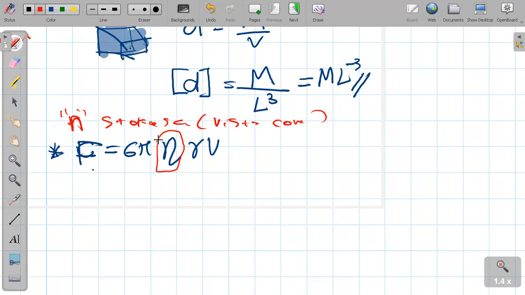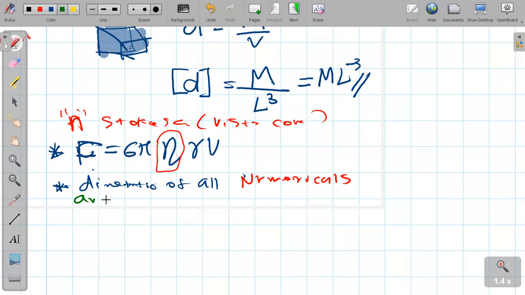Dimensions of all numerical values and numerical constants like pi. Right. The important point is the dimensions of all numericals and numerical constants.